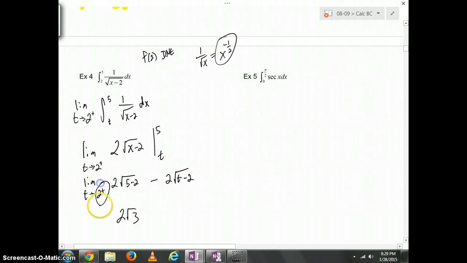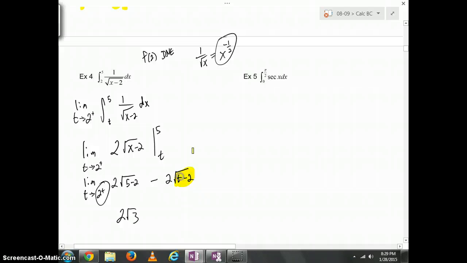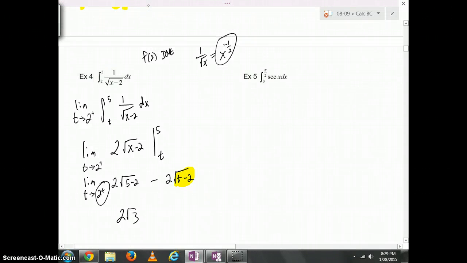And remember, 2 is only being approached from the right. We're going to only have t approaching 2 being a little bit larger than 2, like 2.001. That's very pertinent in this problem, because for this limit to exist, the inside of that radical must remain positive.